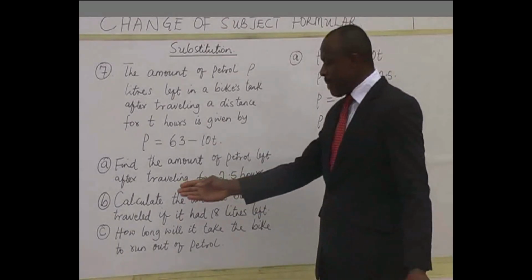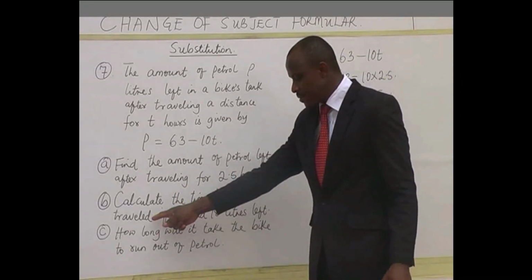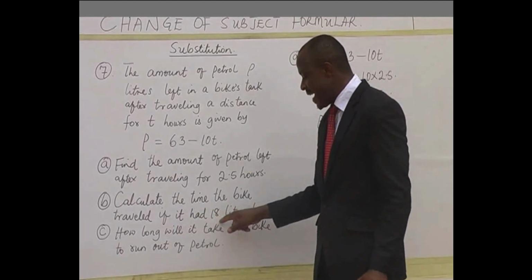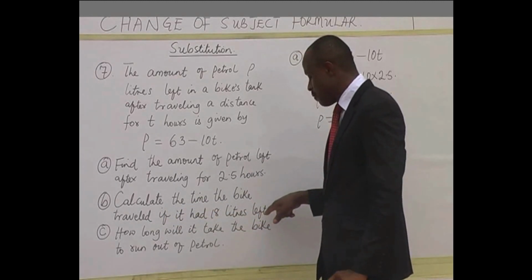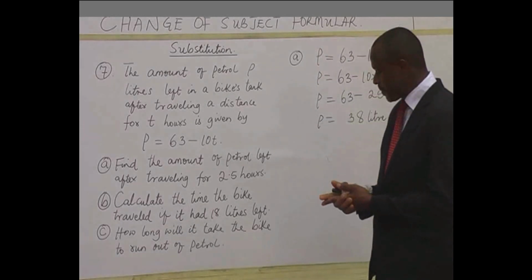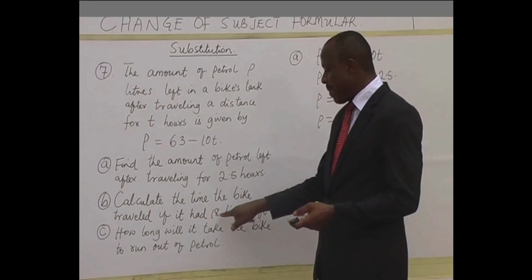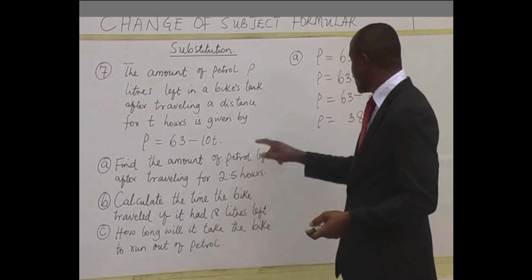Now question number B says that we should calculate the time the bike traveled if it had 18 liters of fuel left, or 18 liters of petrol left. Now we have been given the amount of fuel left, that is P, in this equation.